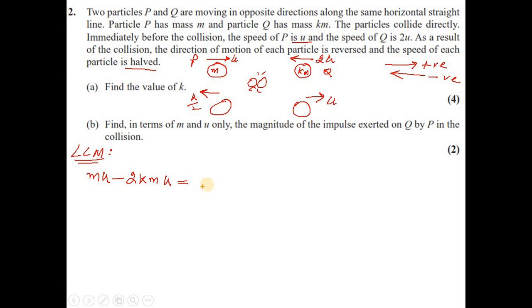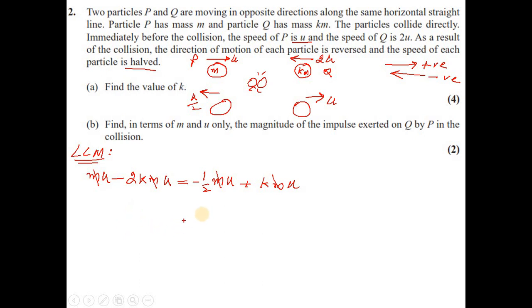Momentum of particle P after collision is minus half of mu, plus the momentum of particle Q after collision, which is kmu. You can cancel m and u easily here.